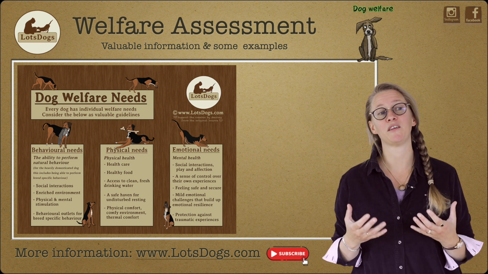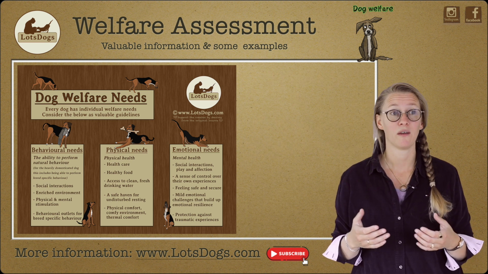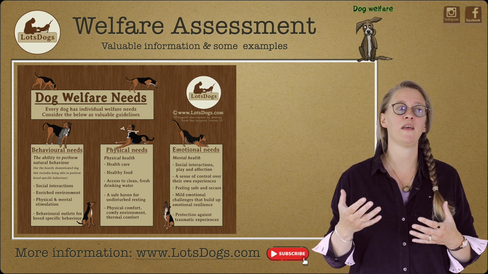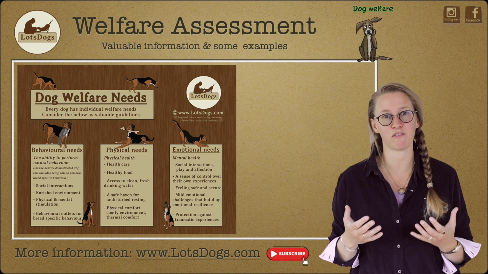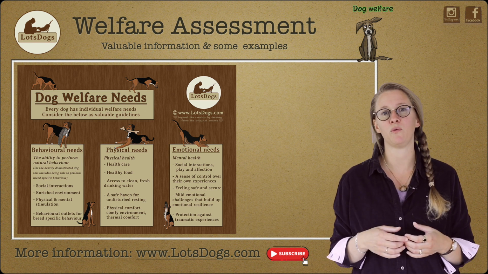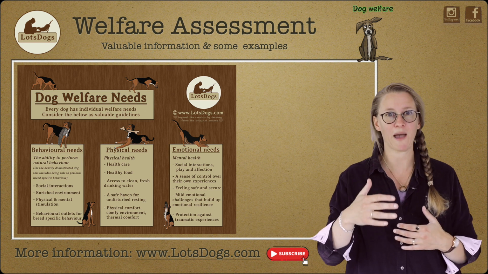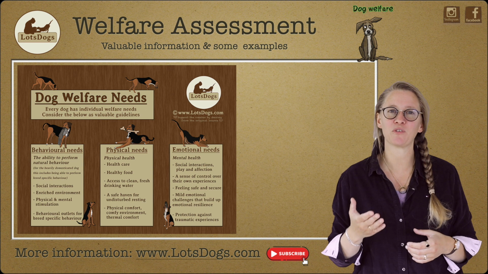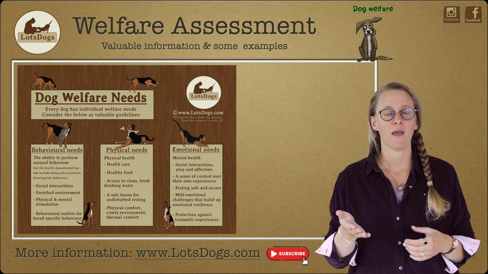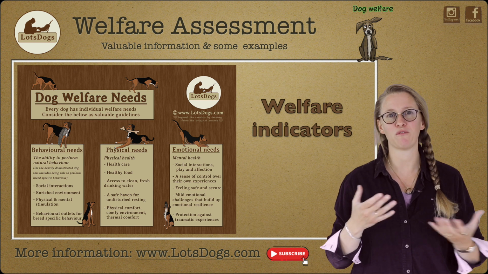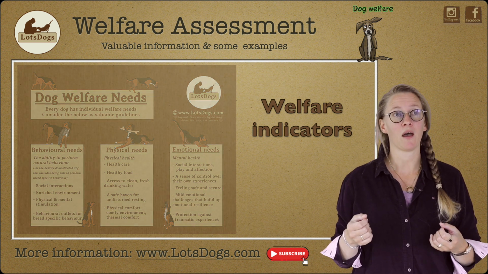When I'm assessing the welfare of a dog, for example during a family visit, I'll always try to gather as much information as possible. I usually use a questionnaire where I have a lot of background information already planted in my brain. And of course I observe while I'm there. I always consider different types of welfare indicators.